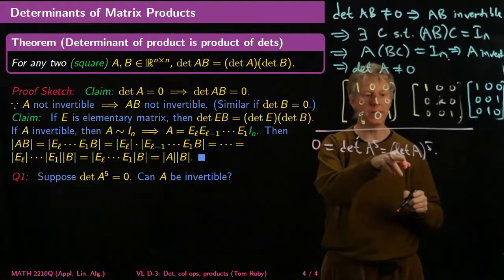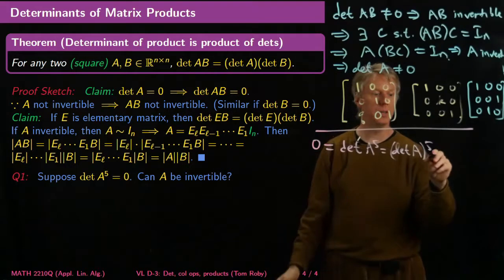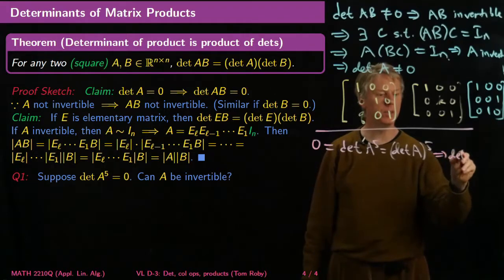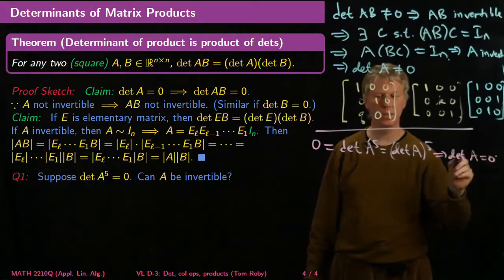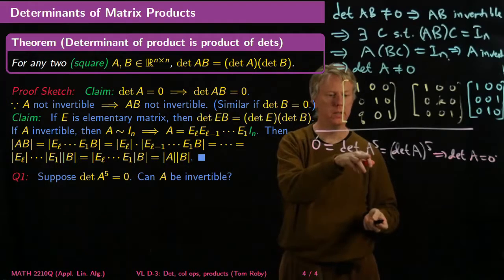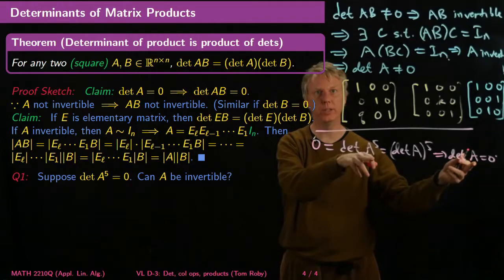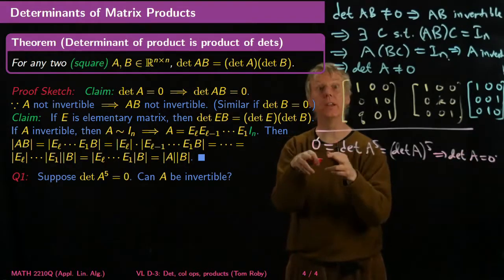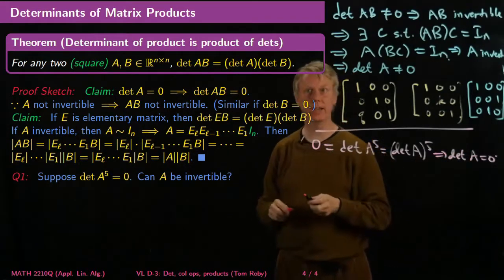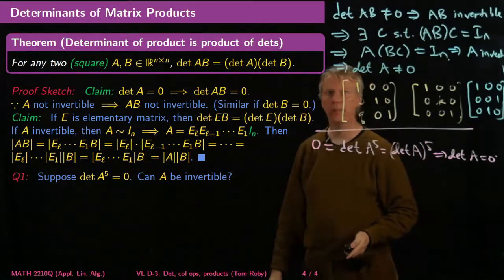But now I've got some number, determinant of A is just a number. I raise it to the fifth power, I get 0. The only way that can happen is if the determinant of A is equal to 0. So note that it's not true that if A to the fifth is 0, that doesn't imply that A is equal to 0. But if the determinant of A to the fifth is 0, then the determinant of A has to be 0. Okay? So that's the answer to question 1.